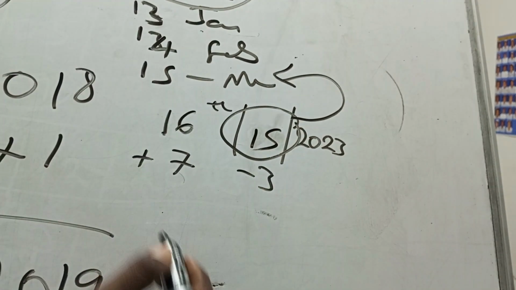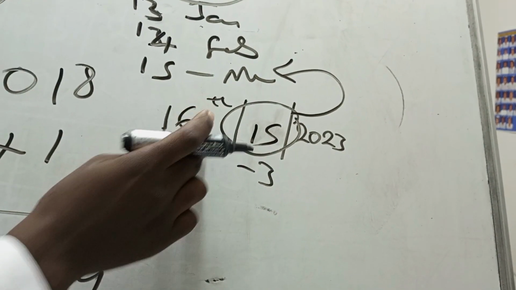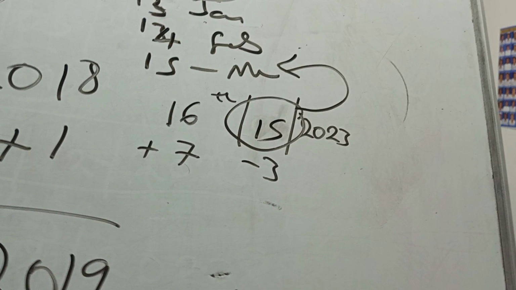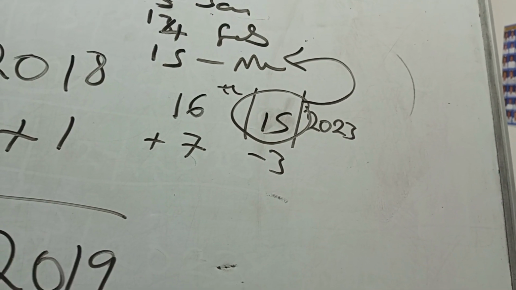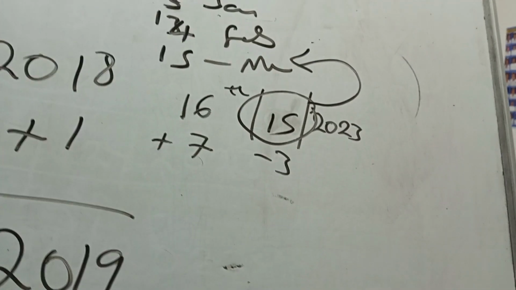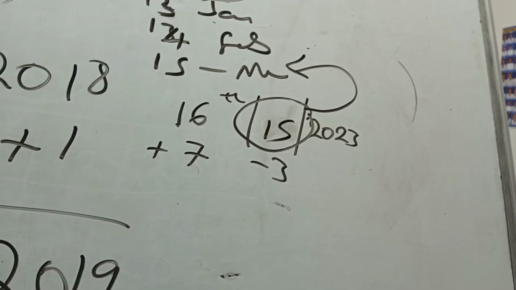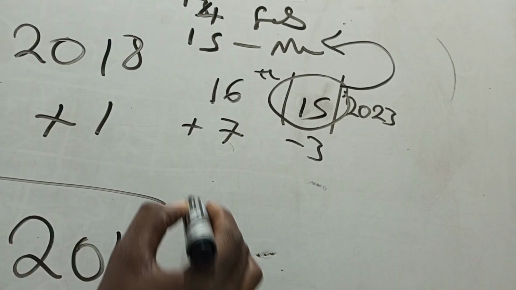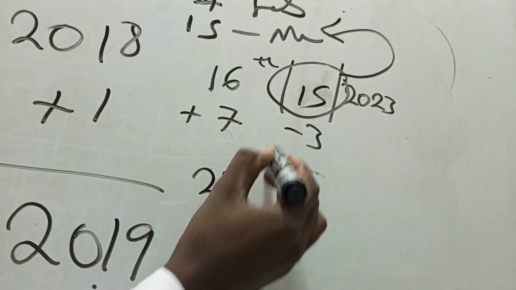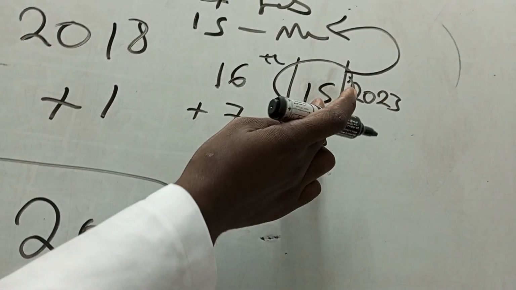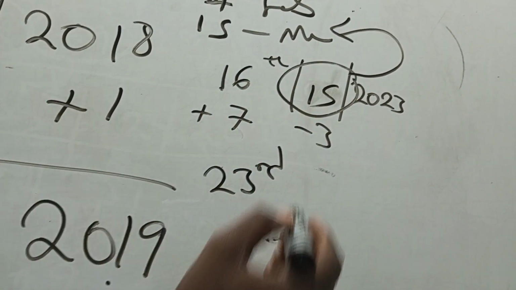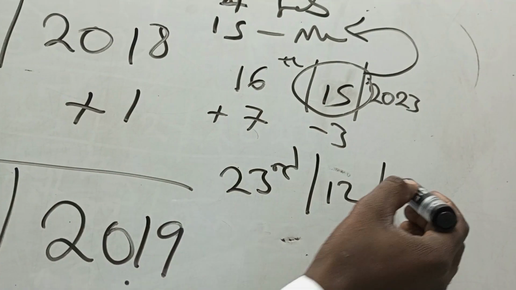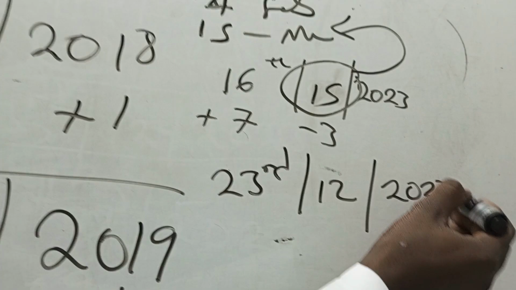So of course, 16 plus 7 will give us 23rd. Then 15 minus 3 gives us 12. Then we leave the year as 2023.